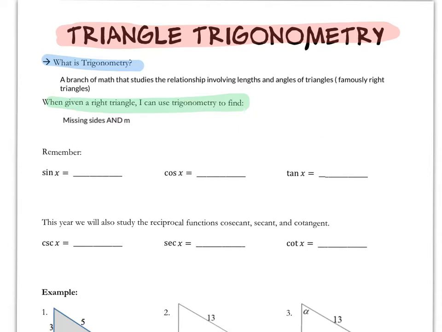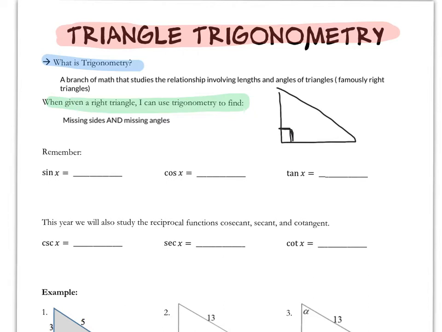So that's what I would use trigonometry for when I have a right triangle. If I draw a right triangle and I need to find the lengths of sides, or I want to find missing angles, I can use trig.